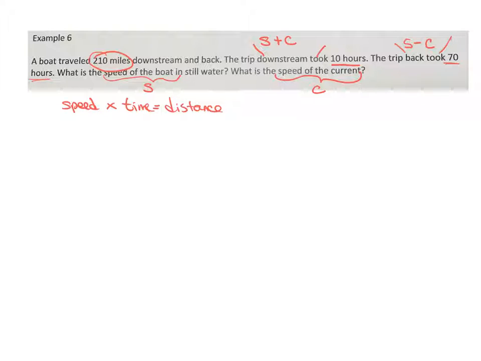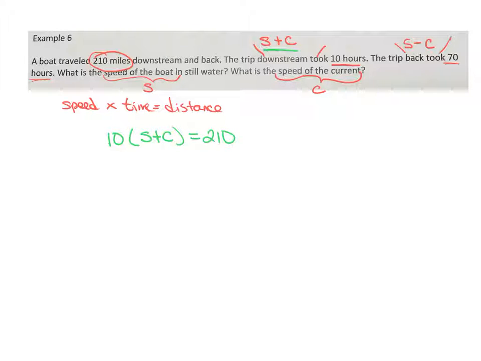So when we put this into an equation, you're going to have, for the downstream one, 10 hours for your time times the speed, your S plus C, equals your distance, which is 210 miles.